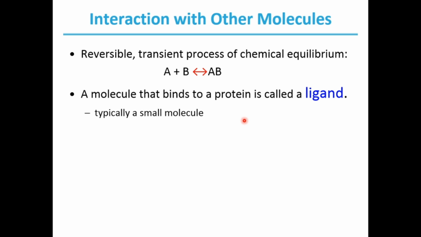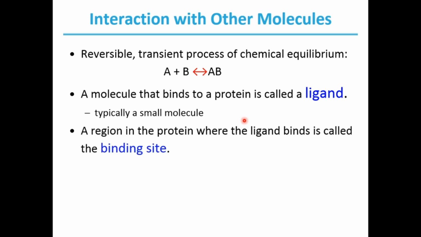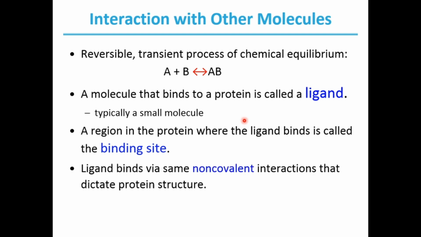But small proteins can also be ligands of other proteins. And as I said before, a region in the protein where the ligand binds is called the binding site. Ligands bind via the same non-covalent interactions that dictate protein structure. It allows the interaction to be transient.